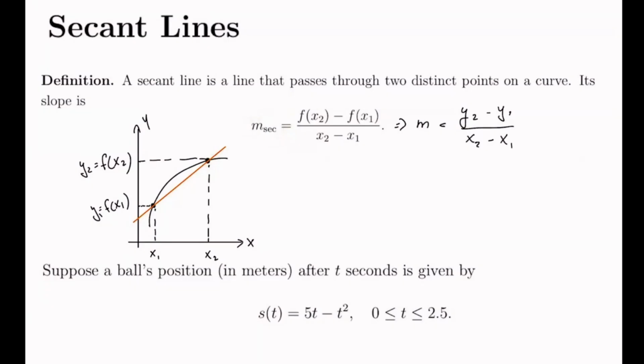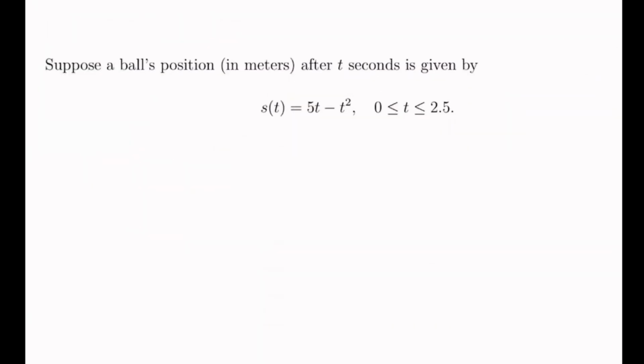So as an example, we have the following. Suppose a ball's position in meters after t seconds is given by the following function: s of t equals 5t minus t squared, on the interval from 0 to 2.5. So this would be imitating the physical scenario where we just roll a ball on some flat surface, like let's say a bowling ball, right?